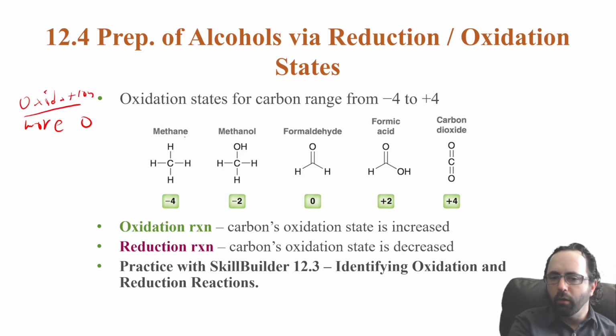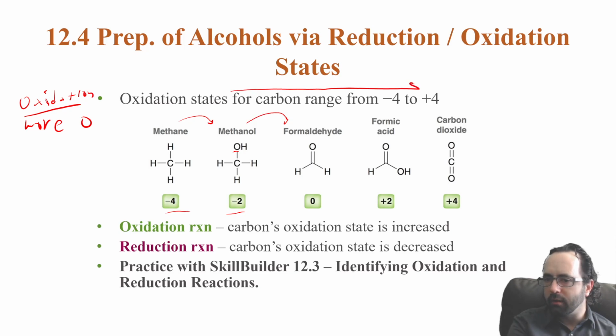As we go from an alkane to an alcohol, relative to one another, the methanol is oxidized because it has a greater number of oxygen atoms. As a result, the carbon here has a higher oxidation number. Moving from left to right here, we're going to have more and more oxidation.